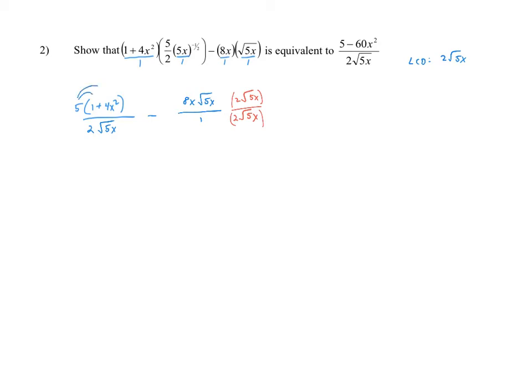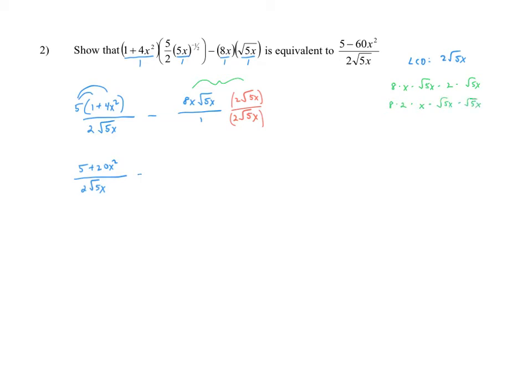In the first fraction we can distribute the 5. We'll get 5 plus 20x squared divided by 2 root 5x. Minus. Now over here we have a multiplication problem. We have 8 times x times root 5x times 2 times root 5x. It's a big multiplication problem. If you want to, you can rearrange 8 times 2 times x times root 5x times root 5x.